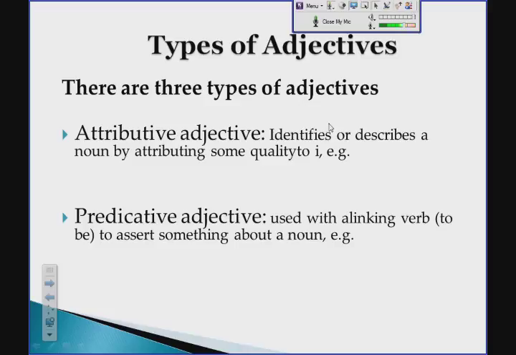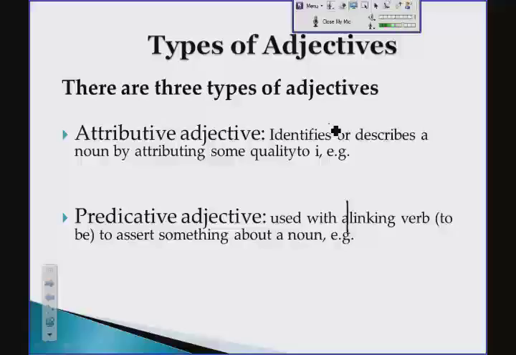The predicative adjective is used with a linking verb. A linking verb to be, or the form of eimi, is. Estin. I asked you this yesterday in the test. Estin means is, okay?